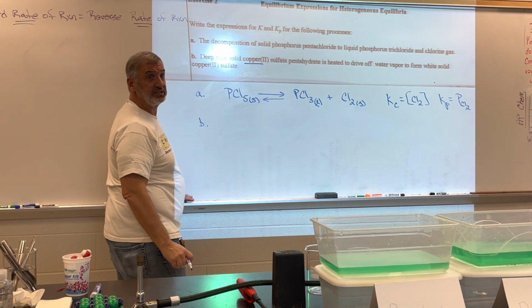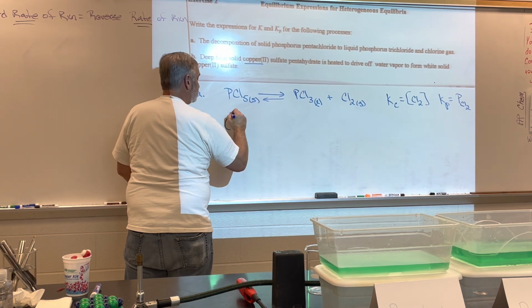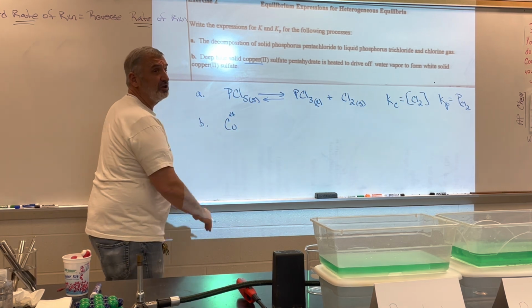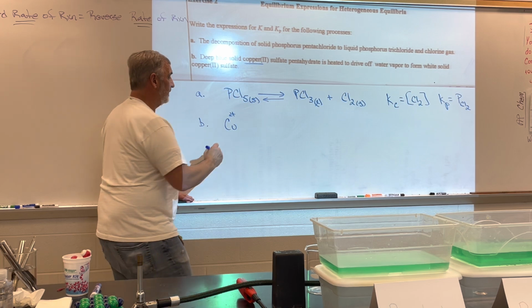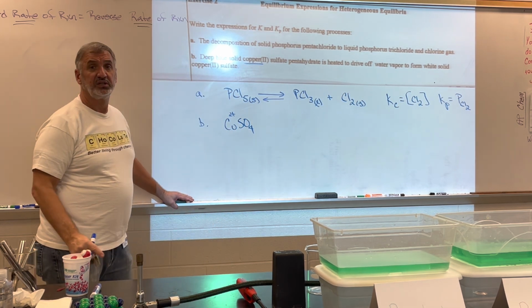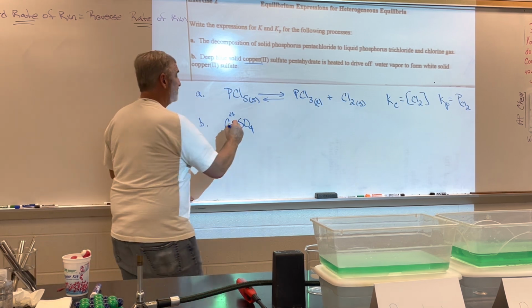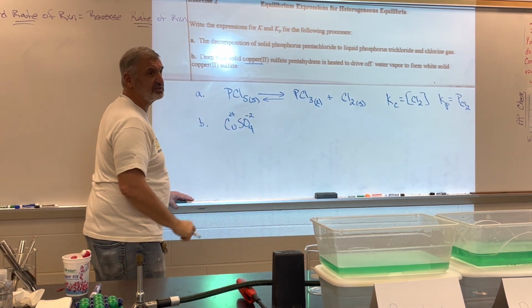The copper's oxidation state is +2. So it's Cu 2+, and what's sulfate? We all know sulfate now. SO4. And anything with sulfur in it has what charge? -2. So it's just going to be +2 and -2. It doesn't matter which way you put the sign.